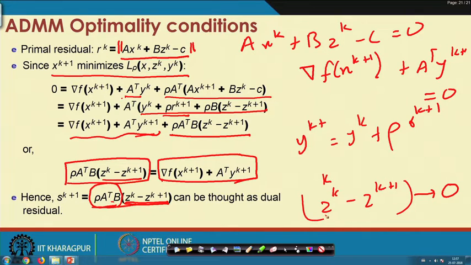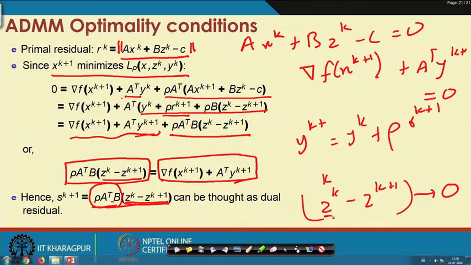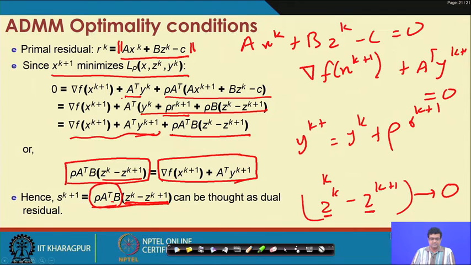So, monitoring the other residual is equivalent to monitoring that between two successive iterations the z variable, which is the second primal variable, converges and does not change. This can be thought of as the dual residual.